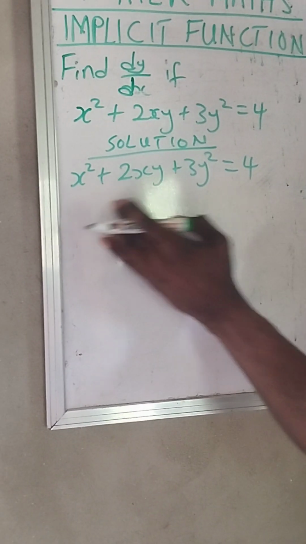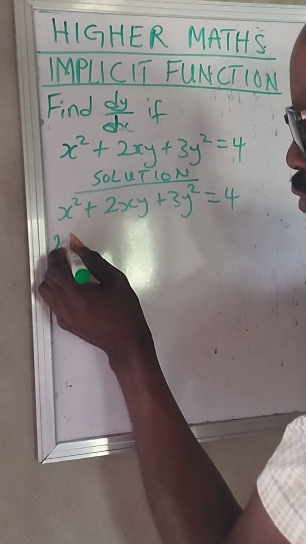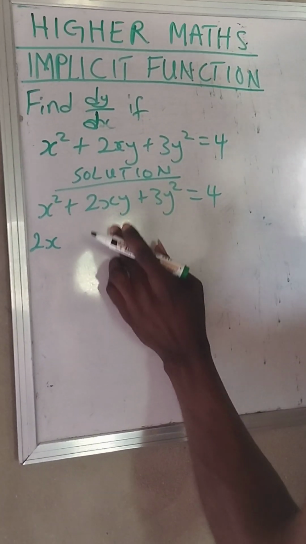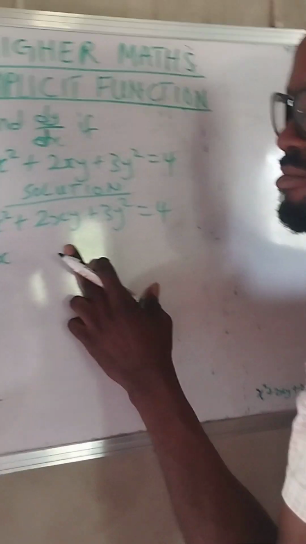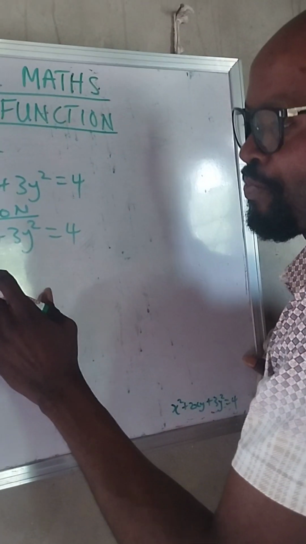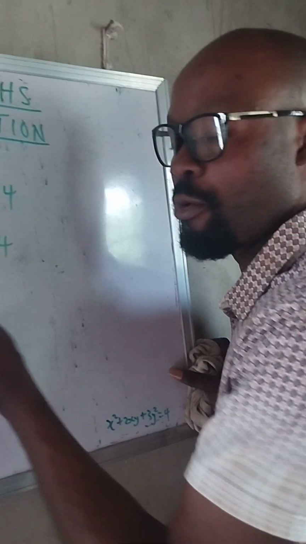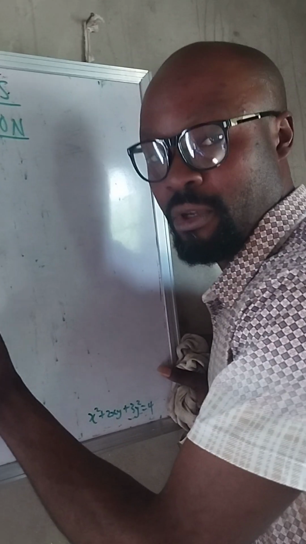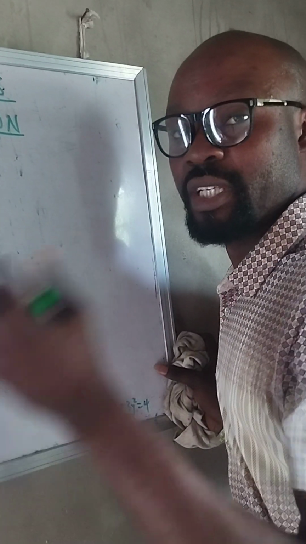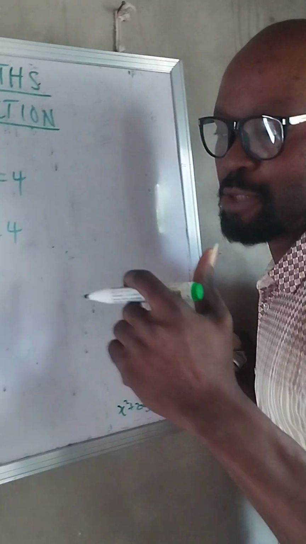We differentiate each term with respect to x. If you differentiate x squared, you have 2x. If you differentiate 2xy, don't forget 2xy is in a product form, two variables combined together in a product. You apply the product rule. I have explained the product rule in the previous video, so you can go back and check how I explained it.